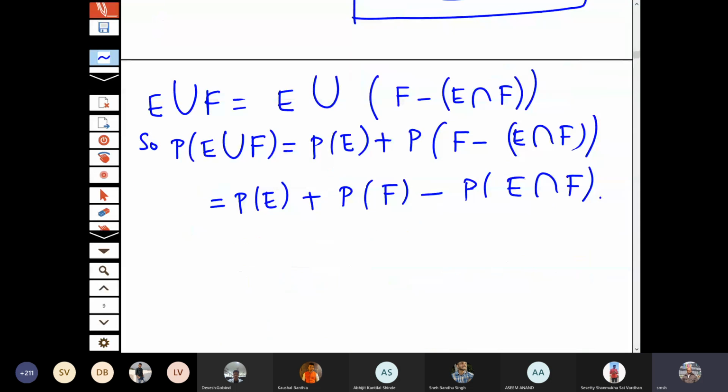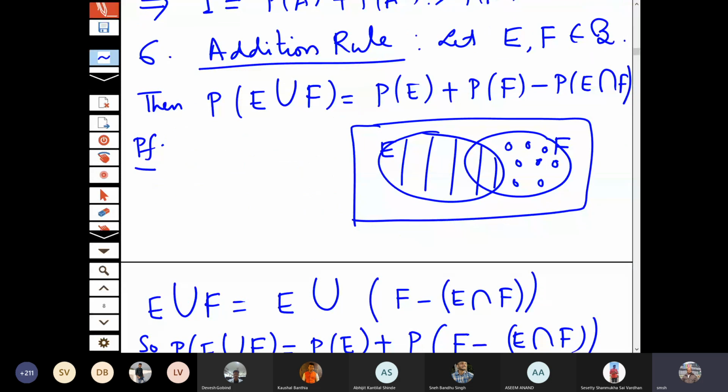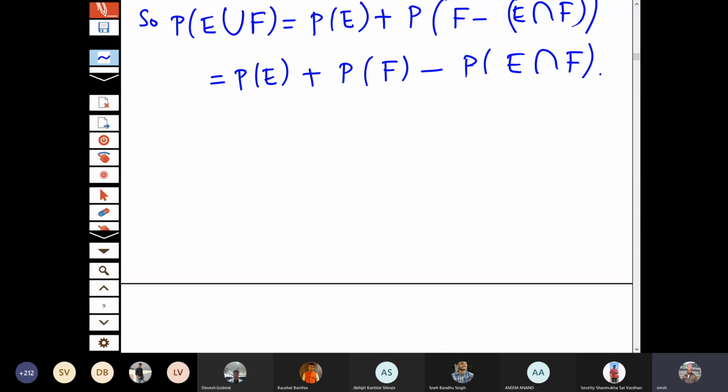Now if I have more than 2 events, here I have 2, but if I add one more, then what would be the extension of the formula? In place of 3, if I have 4, if I have 5, and so on. So let me give the general addition rule.